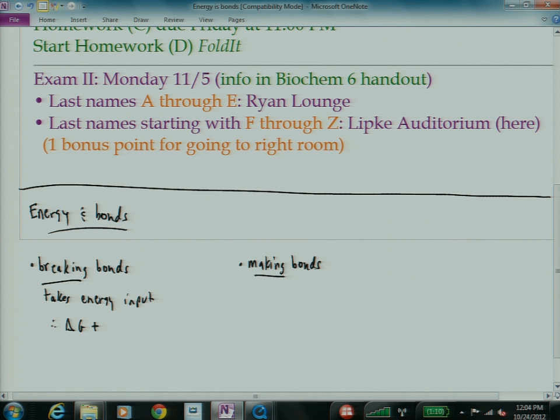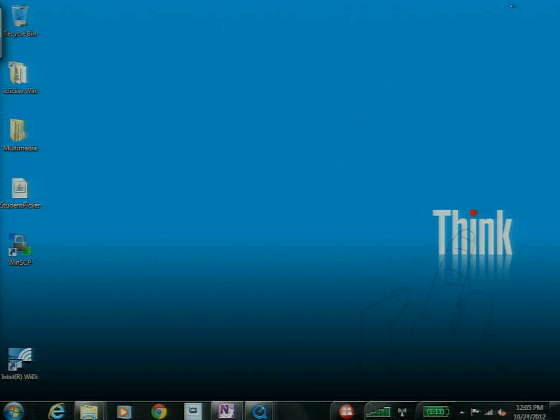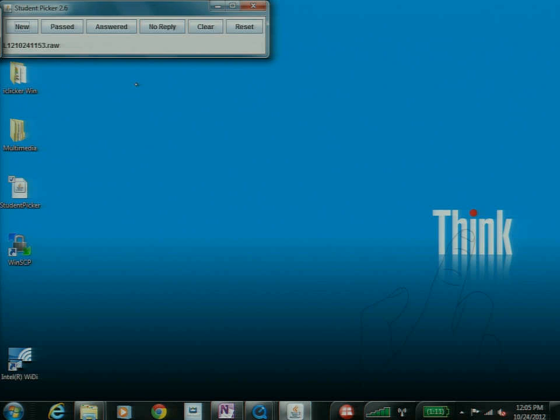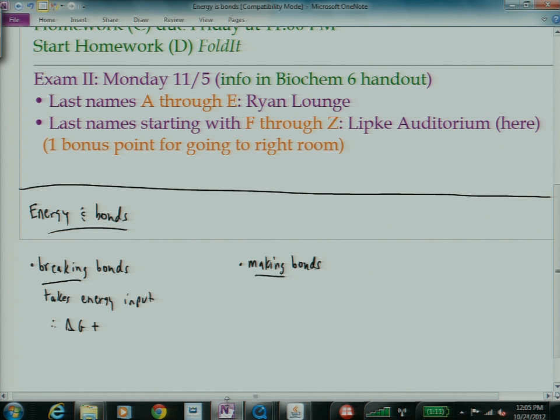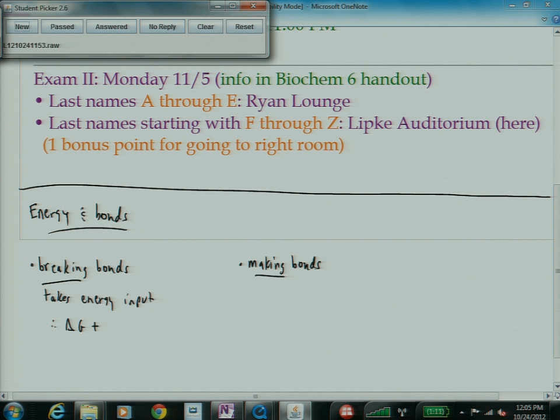We'll get right off the bat start handing out some points. All right, so get a consensus real quick, and I'll pick somebody.